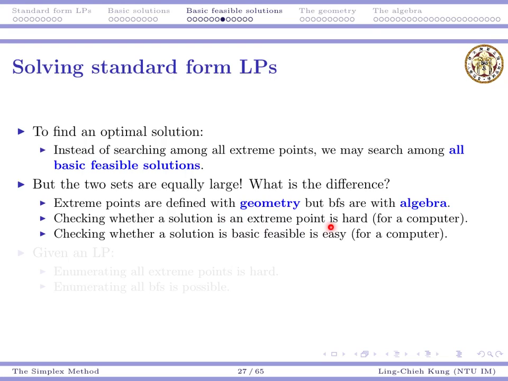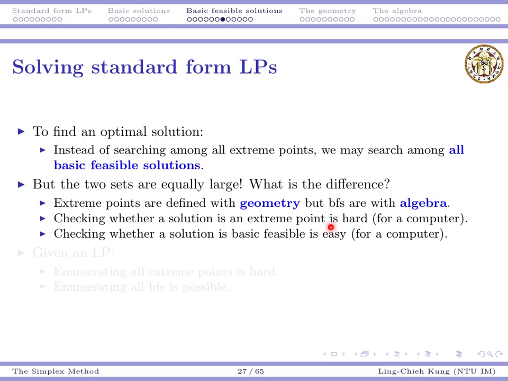Or think about that by yourself for a while, you will realize it. If I ask you to write a program to detect whether a point is an extreme point of a given set, that would be difficult, because it's hard for you to enumerate all possibilities of those line segments.